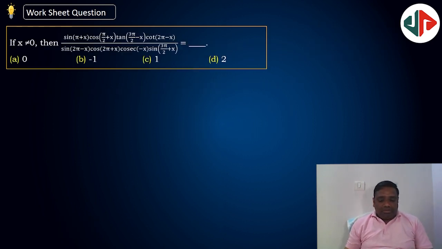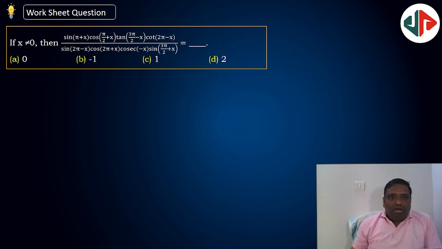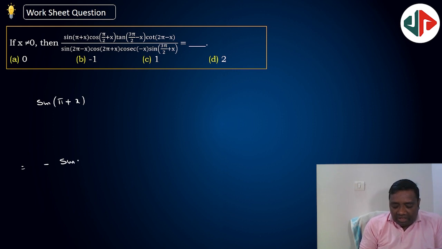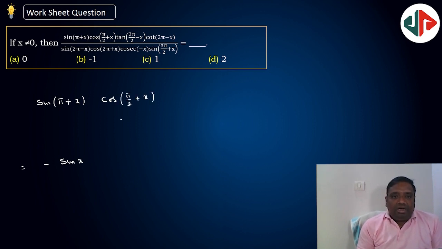Here x is not equal to 0. Sin of 180 plus x is in the third quadrant, where sin is negative, so minus sin x. Cos of pi by 2 plus x means second quadrant, cos is negative. Odd multiples of pi by 2 means cos changes to sin, so minus sin x.